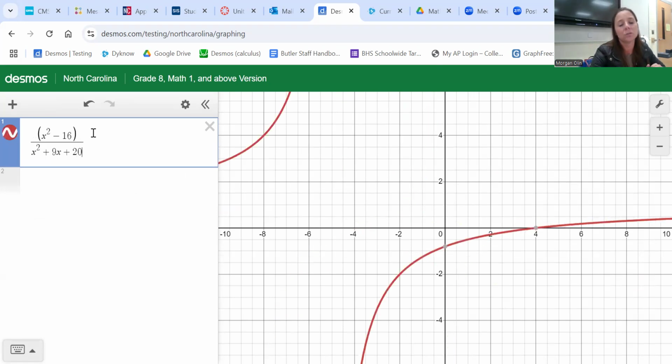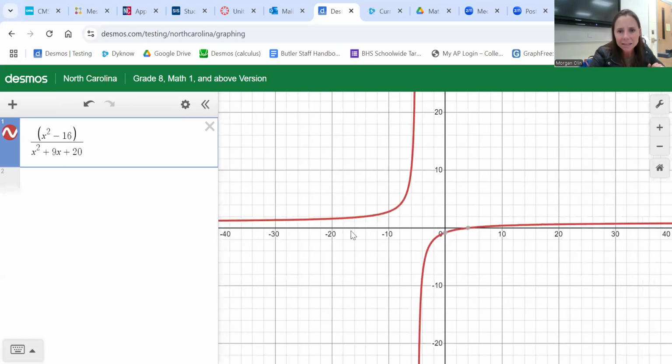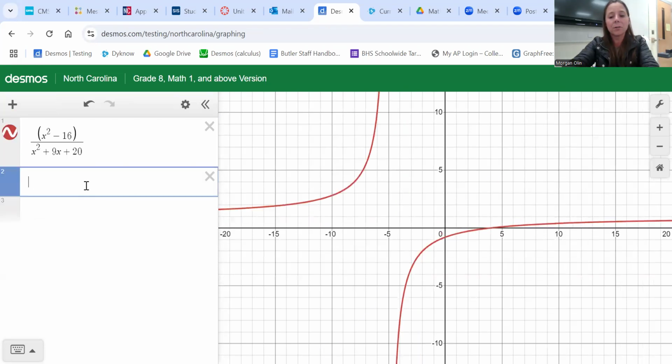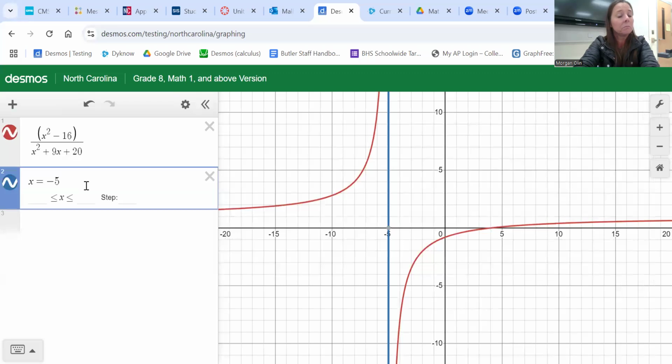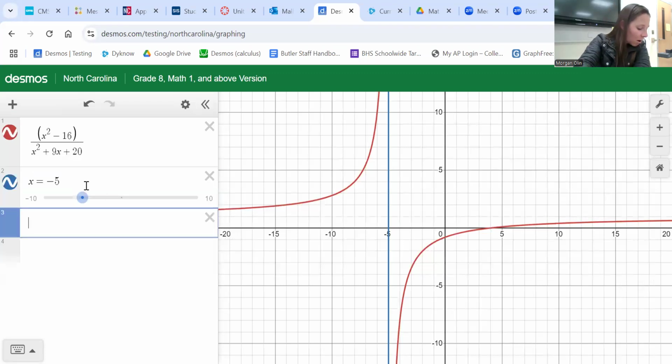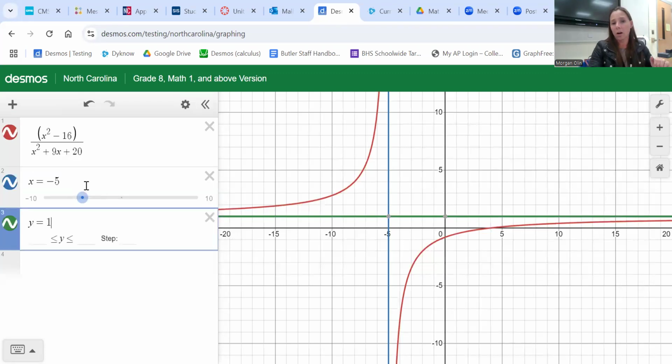Right now, I'm just using this one right here. If I zoom out, I can see and double check. Let me zoom in one more. We had said we have a vertical asymptote at x equals negative 5, and we said also y equals 1. It appears that we can draw those lines.